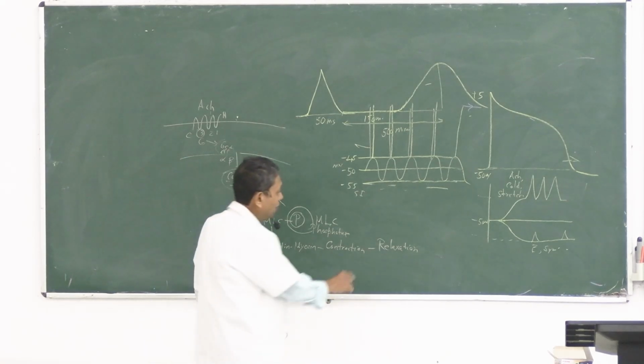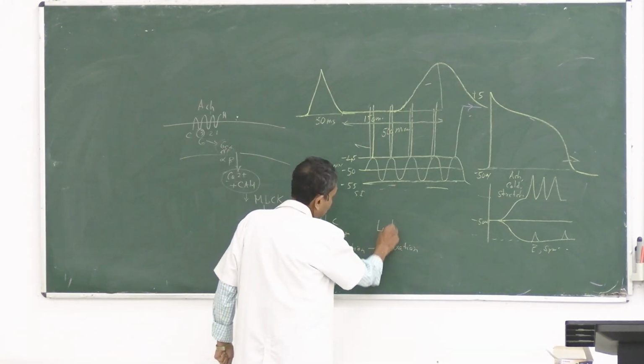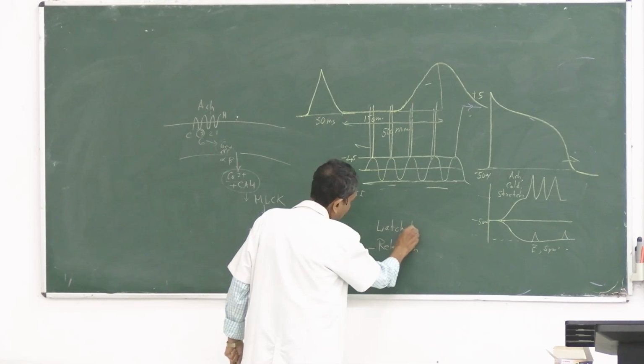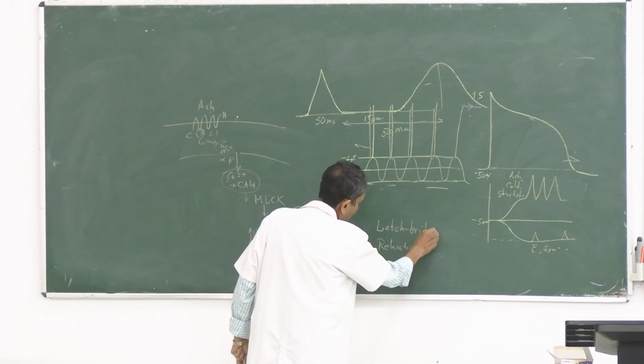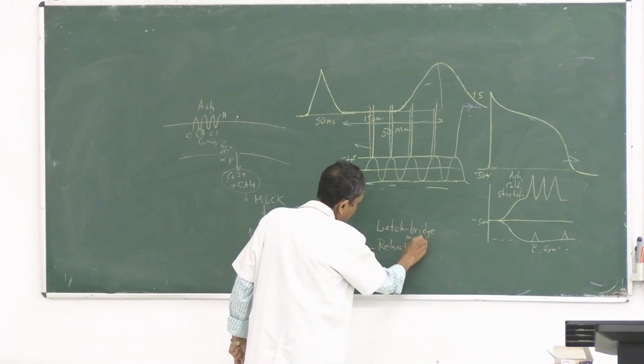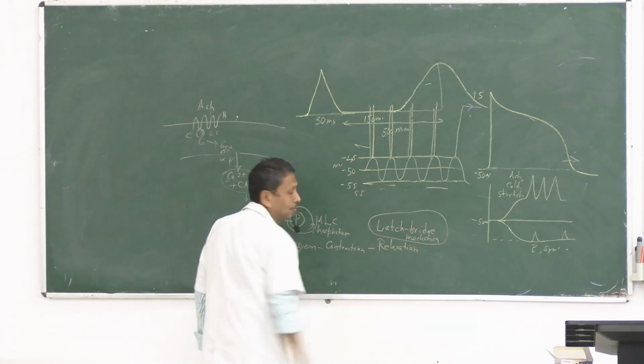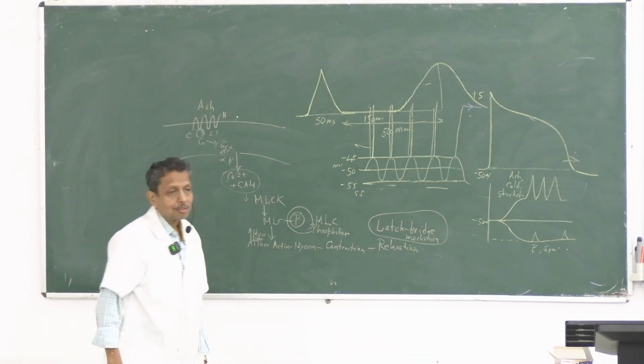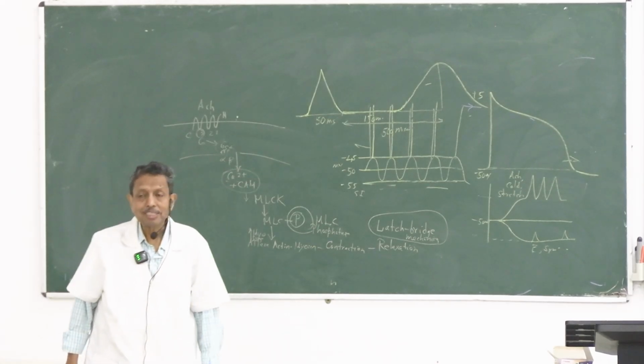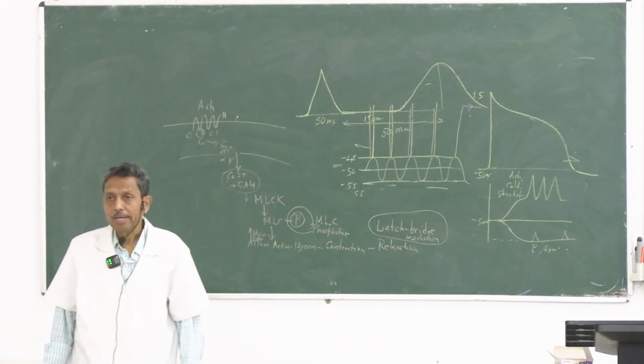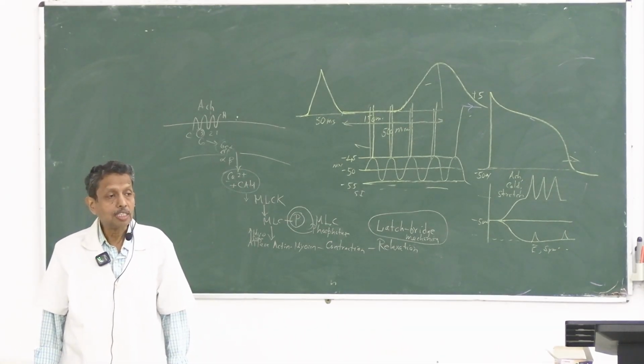It is called the latch bridge mechanism. There will be contraction, but there is minimal change in ATP consumption. So it is very economical.